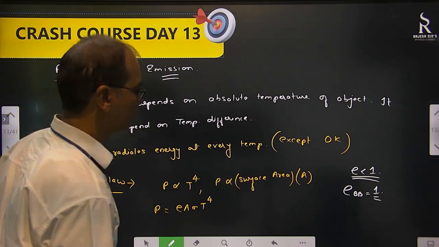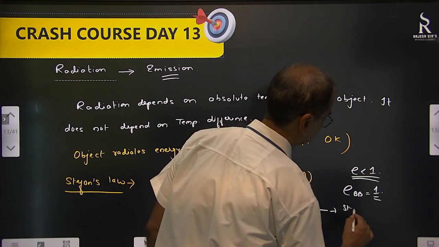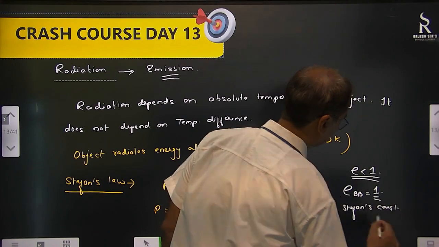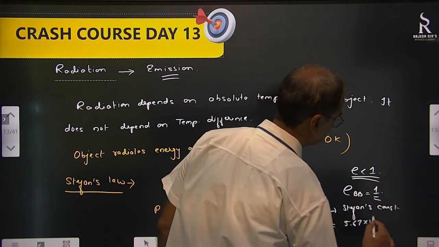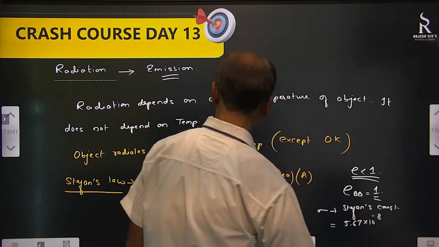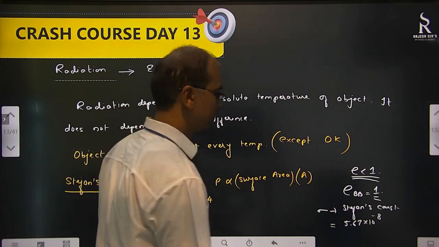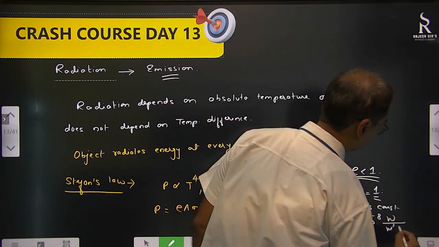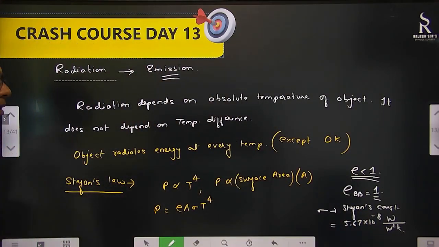Sigma is Stefan's constant, and it has a value of 5.67 into 10 to the power minus 8 watt per meter square per Kelvin to the power 4.